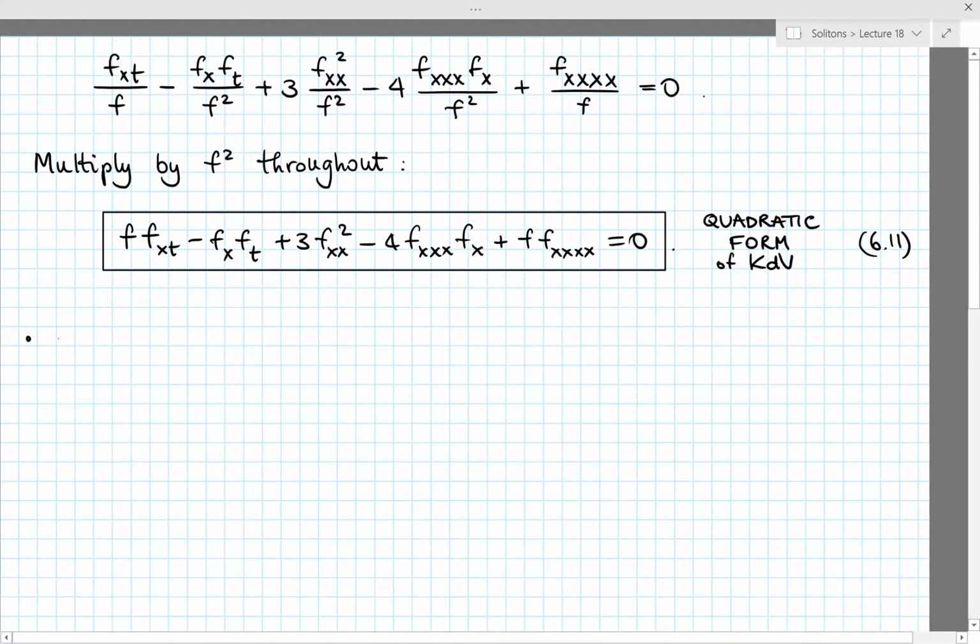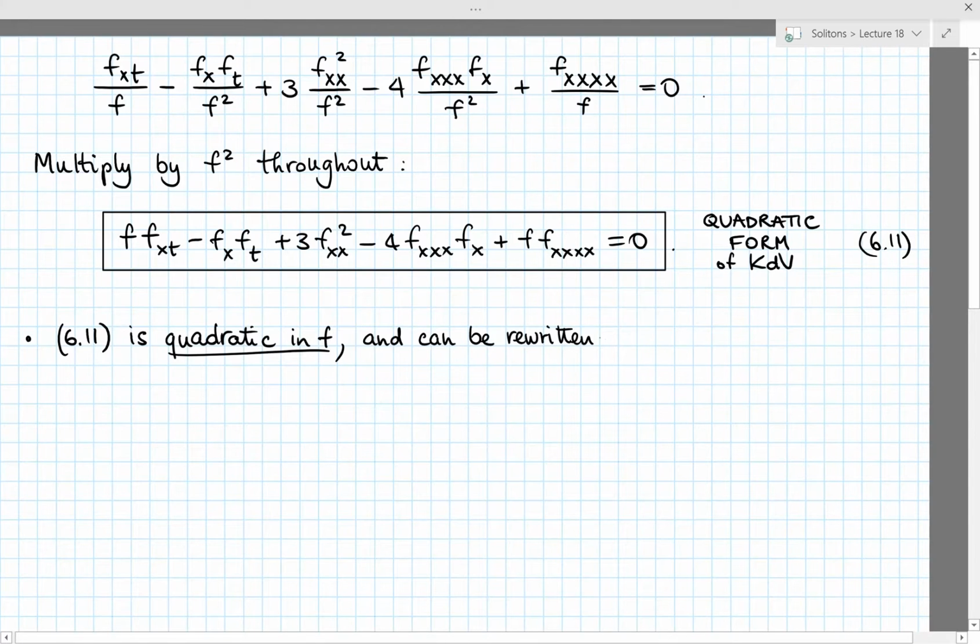However, the advantage of 6.11 is that it's quadratic in f and its derivatives. And as a result of this, it can be rewritten in a neat way.